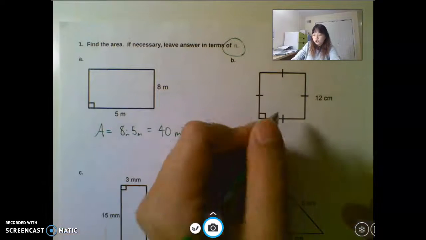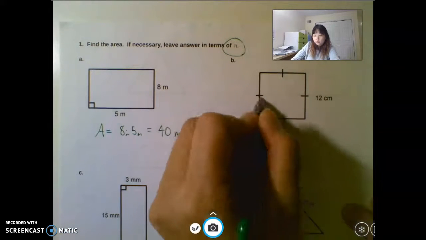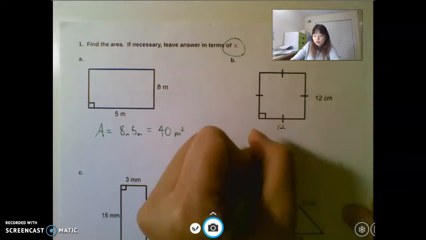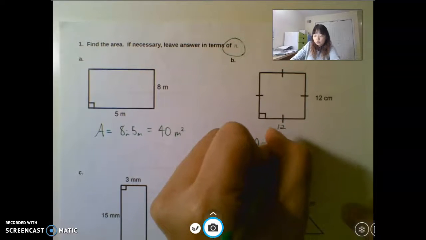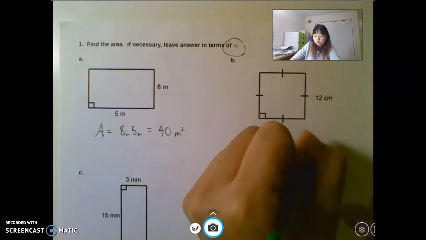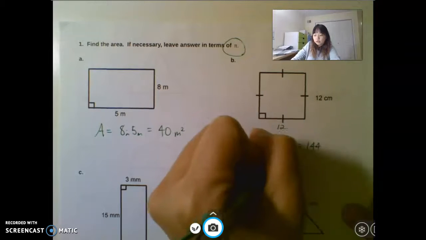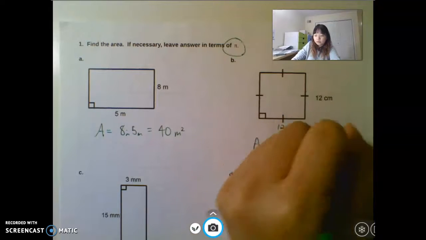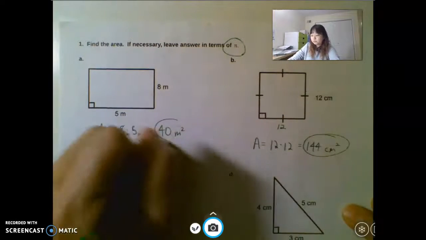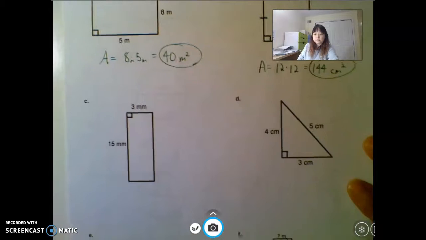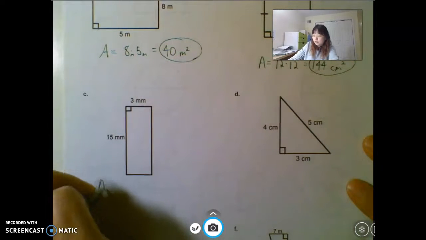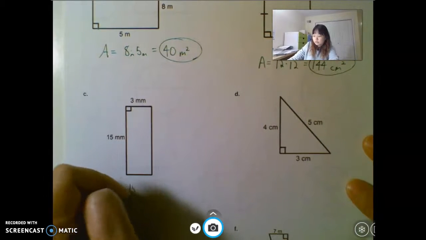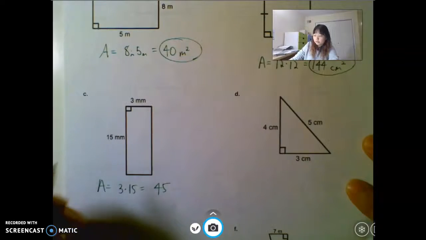Next one is a square because the sides are all the same. So this is also 12, which means area is 12 times 12, so it's 144. Make sure it's 12 centimeters times 12 centimeters, so 144 centimeters squared. The rectangle area is 3 times 15, so it's 45.